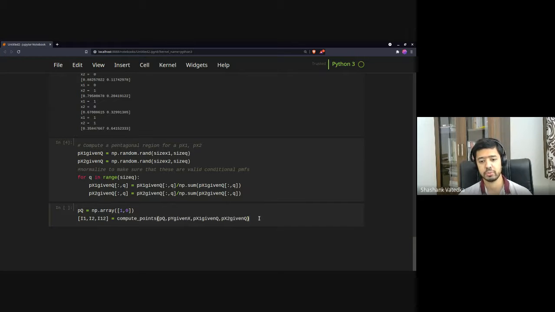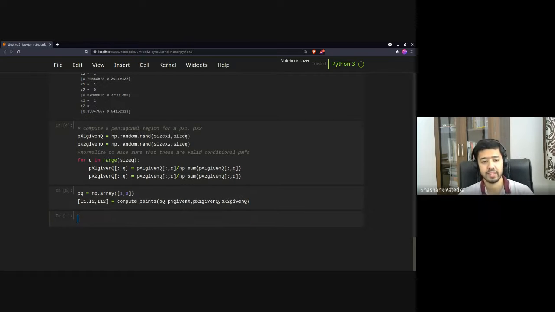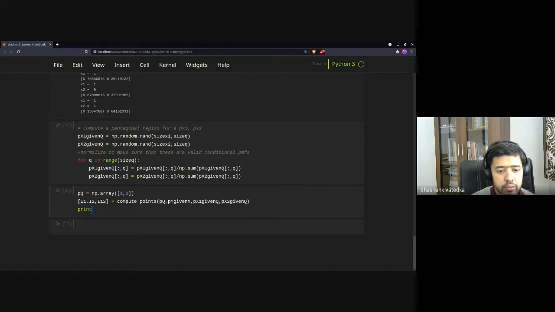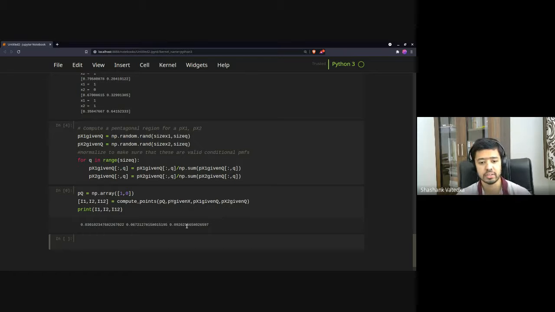Let's compute these points, and maybe we also print them out. So the first mutual information is 0.03, the second one is 0.06 bits, the third is 0.09 bits.